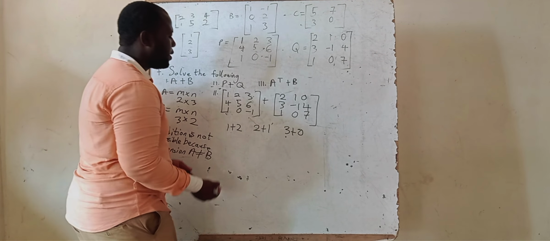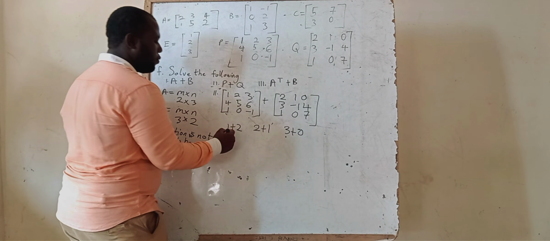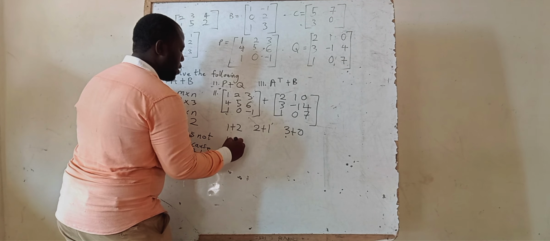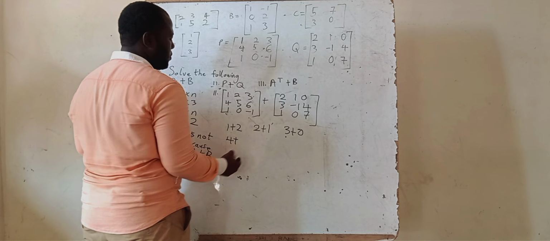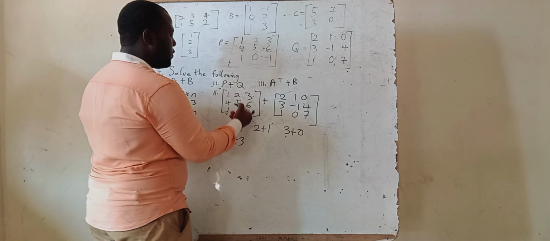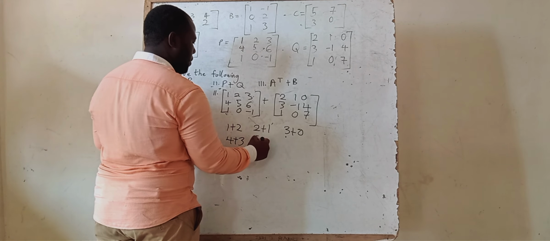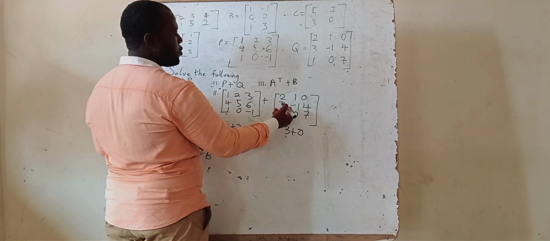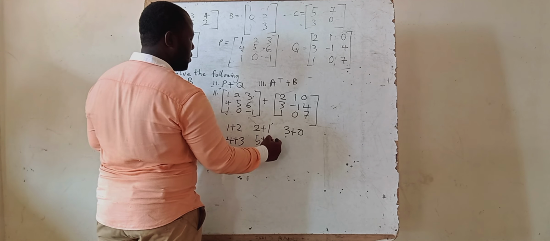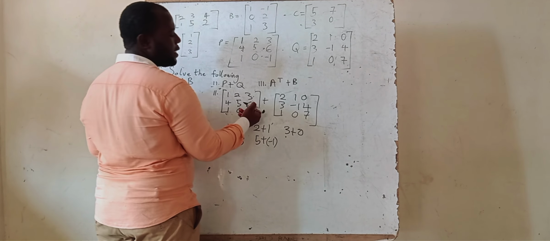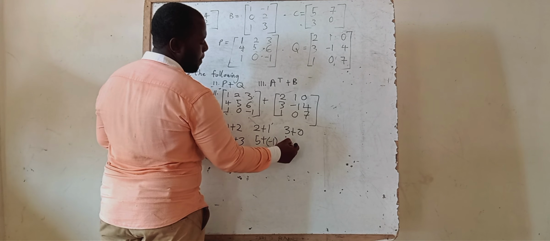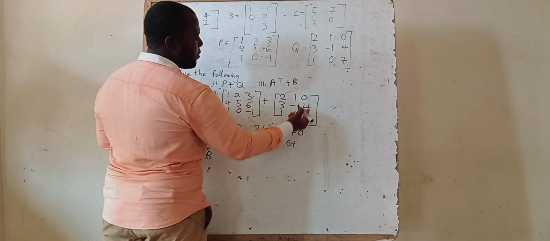You move on to the next row. You take four, add it to its corresponding number. You take five, add it to its corresponding number. You take six, add it to its corresponding number.